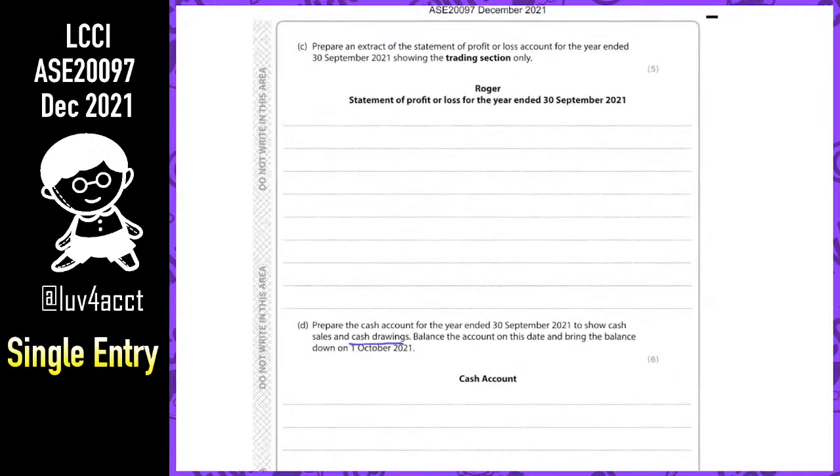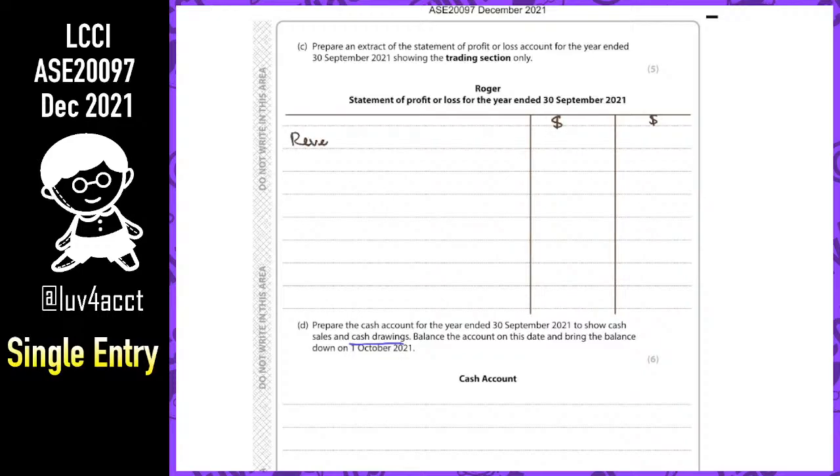Okay, next. Statement of profit or loss. Let me write down the format first. 2 columns. For this, we will have first of all revenue, and then cost of sales. You should be very familiar with this format.